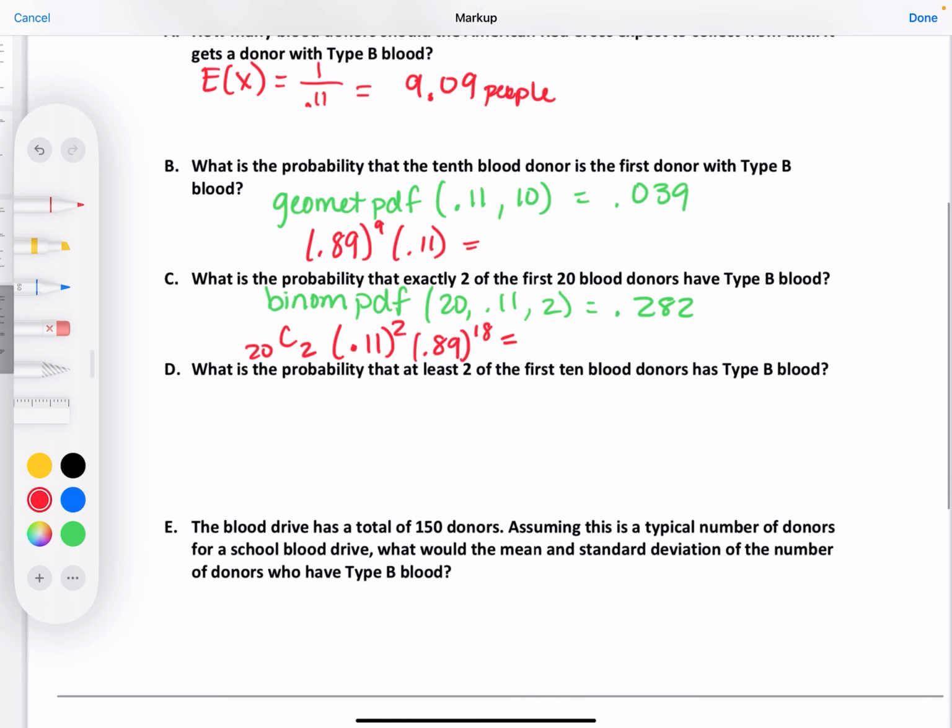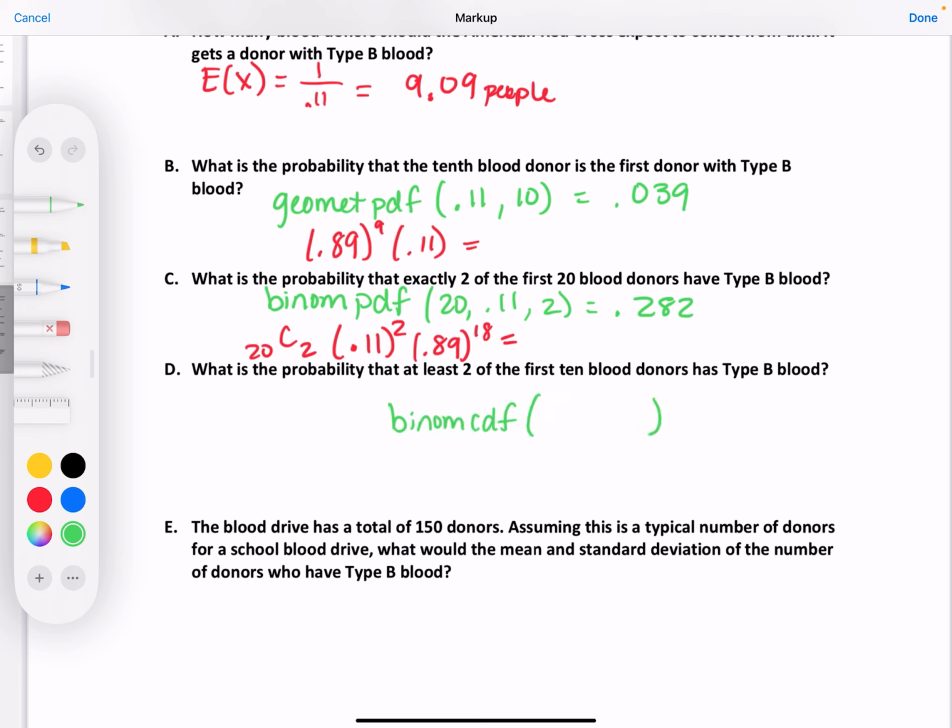All right. What is the probability that at least 2 of the first 10 blood donors has type B blood? So when we see at least, what do we think? It's a complement.